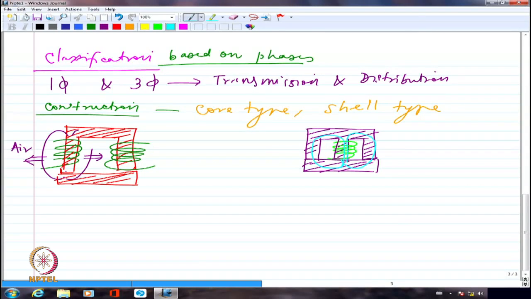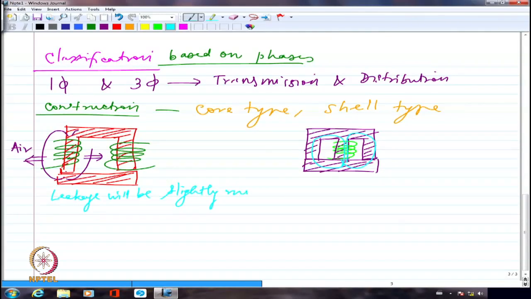Some of them will definitely leak into the air in either case, but the number of lines leaking into air in this case may be slightly higher. So I will have basically these two types of construction. Here the leakage will be slightly more.